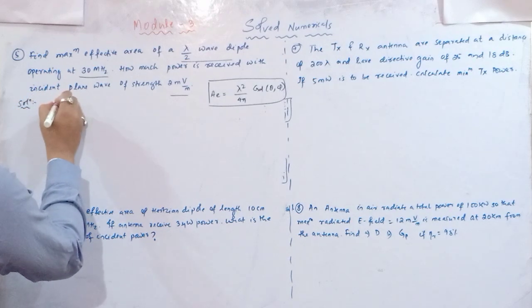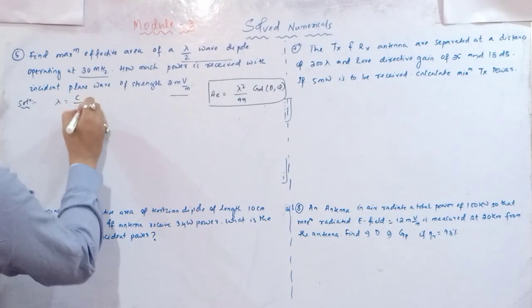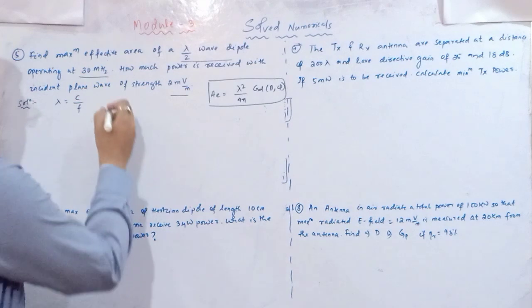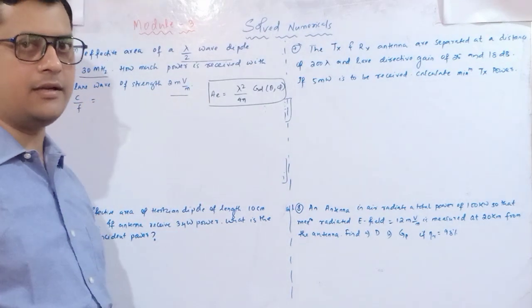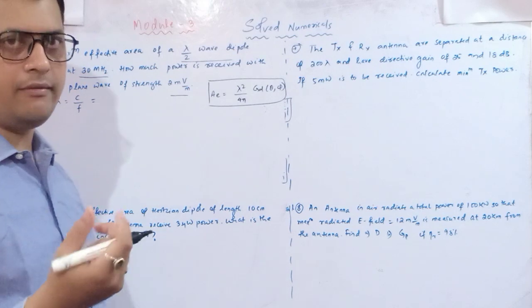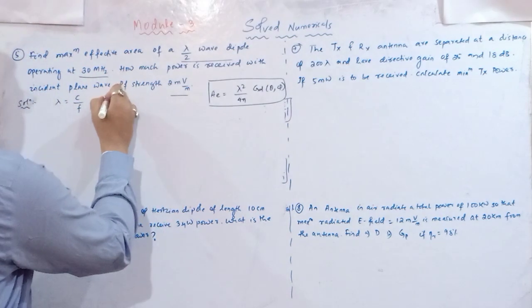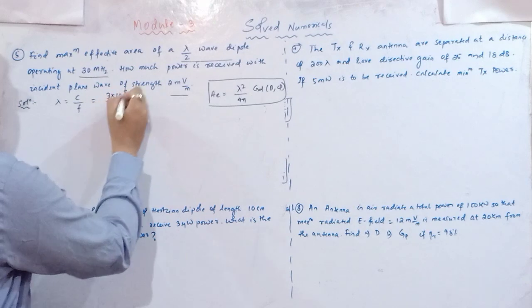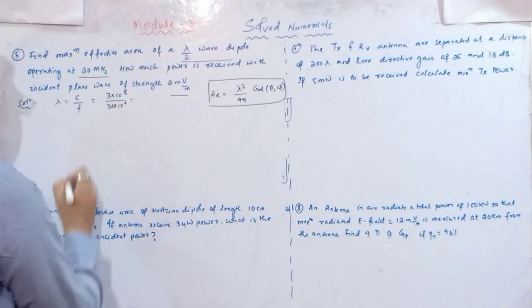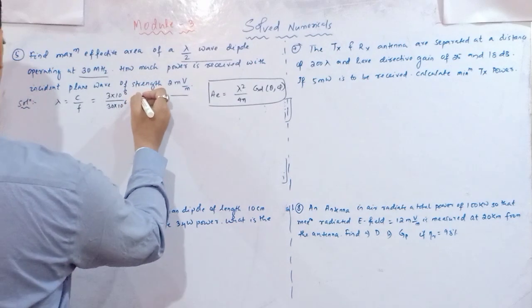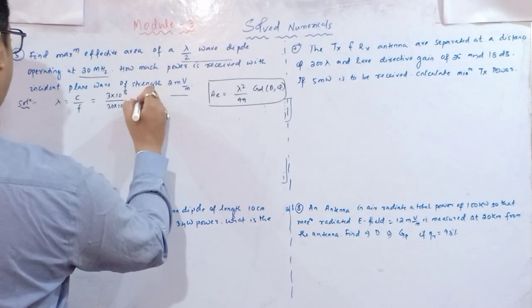As we know, wavelength is C by F, and since the wave is propagating in a free space medium or an air medium, it will propagate with the speed of light. So that is 3 into 10 to the power 8, and frequency is 30 megahertz, 10 to the power 6. So about we will get this lambda as 10 meter.